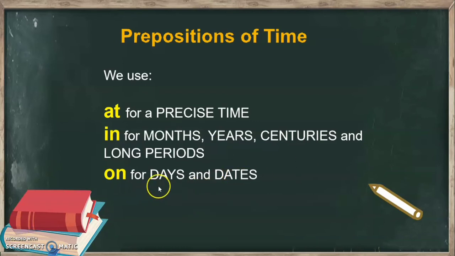Days of the week, we also use on for that: Monday, Tuesday, Wednesday, Friday, Saturday, Sunday. For all of these days, we use on. I will not eat rice on Monday. On Sunday. On Tuesday.